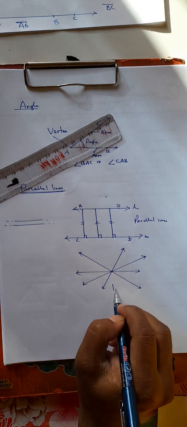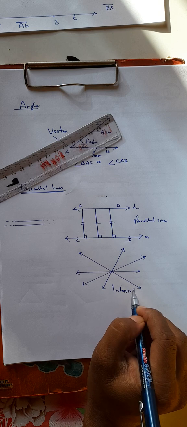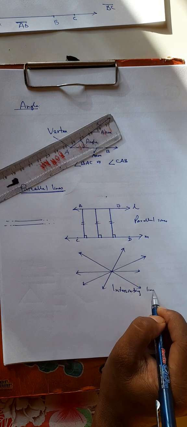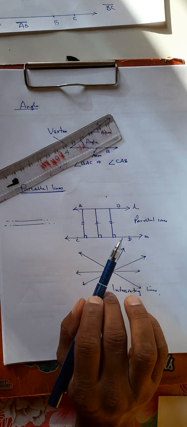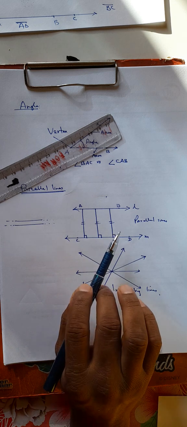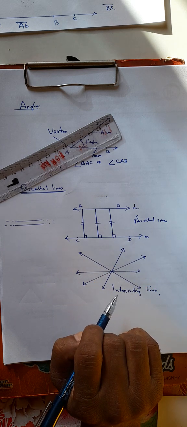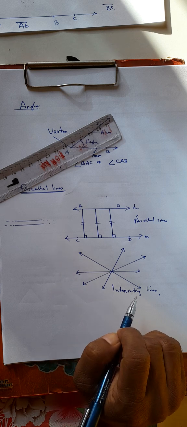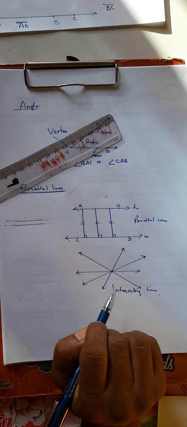Right? Parallel lines will never meet each other, even if they are extended to infinity. Intersecting lines means when you draw two or more lines through a common point, they are called intersecting lines.